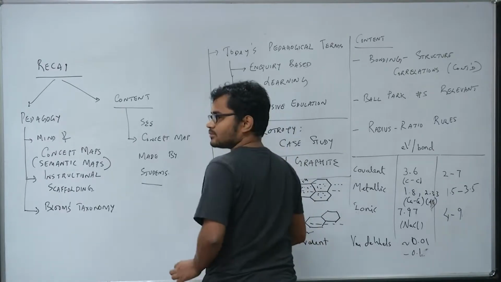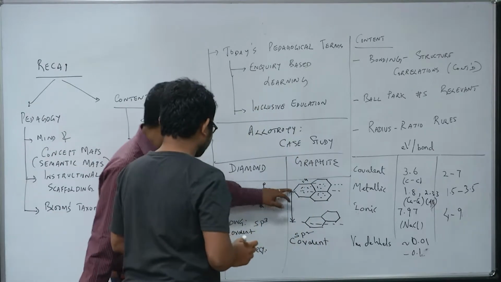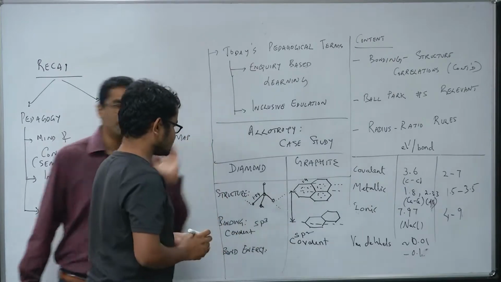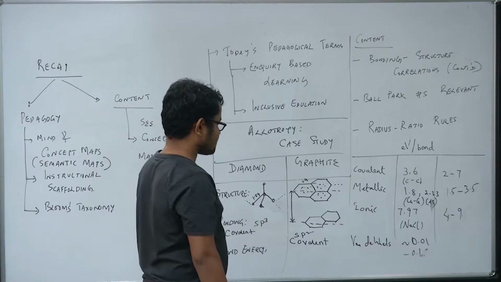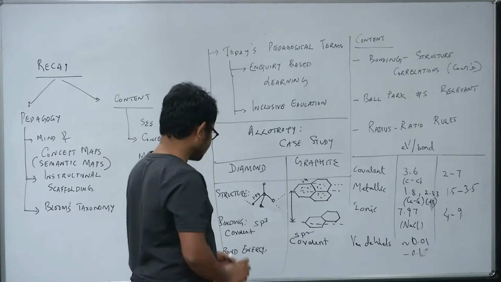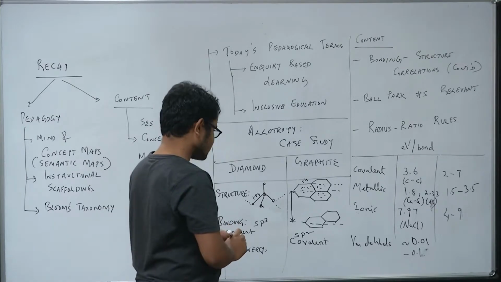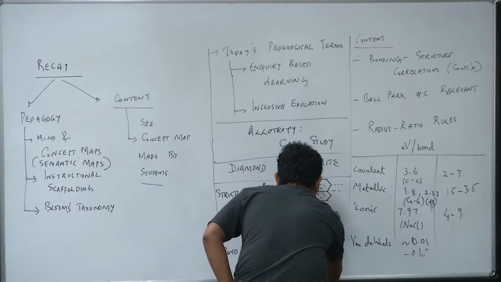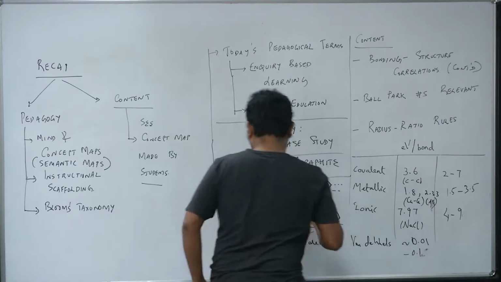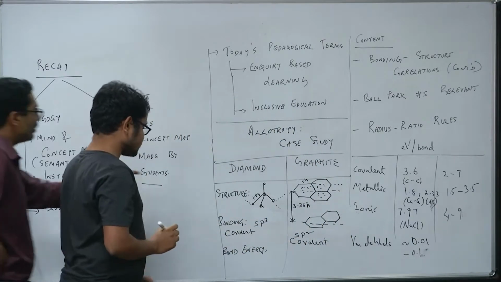Okay, now what about this interplanar distance? Can you help me with that? Can you take a look? 3.35. That's correct. So it's about 3.35 angstroms. So you see, here it's 1.4.